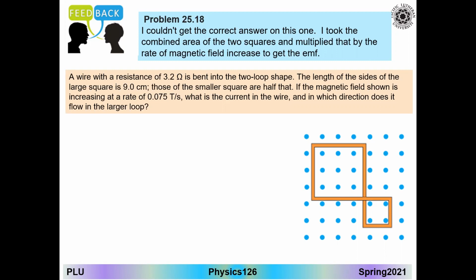So according to Lenz's law, we have an increasing magnetic field, so in that case the induced magnetic field will point into the page. So we have the magnetic field pointing into the page in both loops.